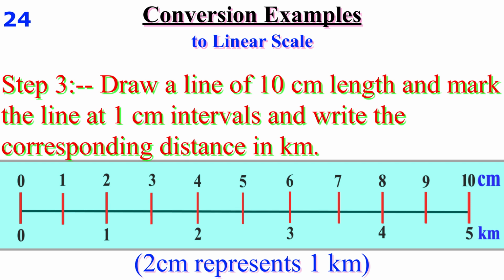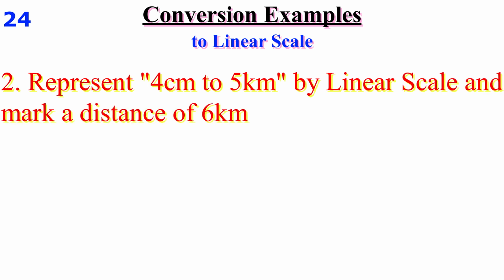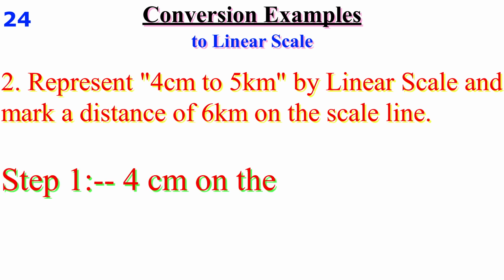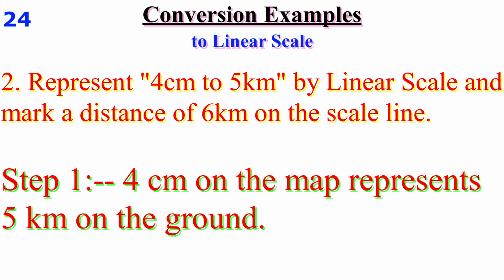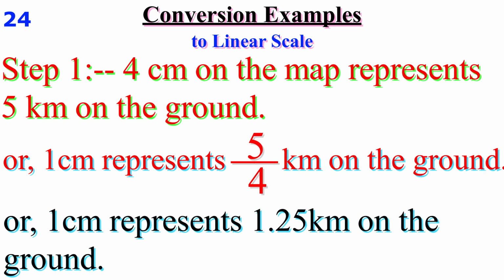Next example. Represent 4 cm to 5 km by a linear scale and mark a distance of 6 km on the scale line. Step 1 is 4 cm on the map represents 5 km on the ground. 1 cm represents 5 by 4 km on the ground, or 1 cm represents 1.25 km. Step 2.